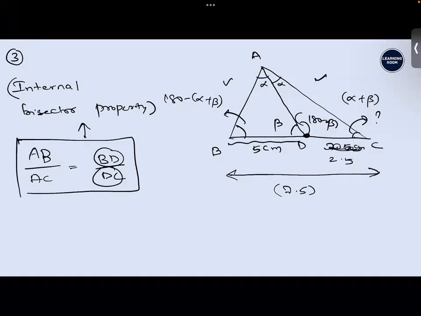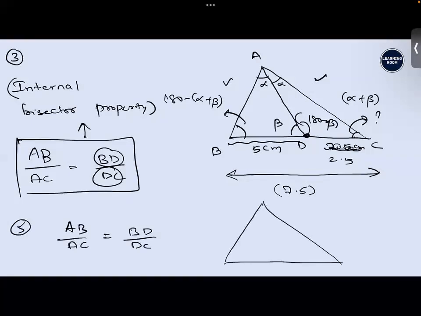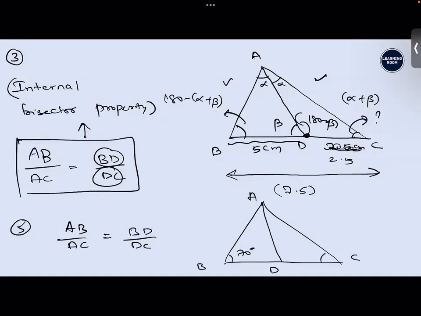Okay, so using the same logic, if you look at the fifth problem, what did they say? AB by AC is equal to BD by DC. Again, they have used the internal bisector property. So when you look at the triangle itself, angle B is 70, angle C is 50, the angle BAD will be how much?